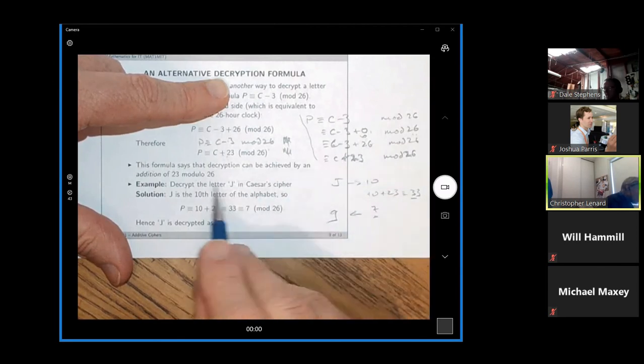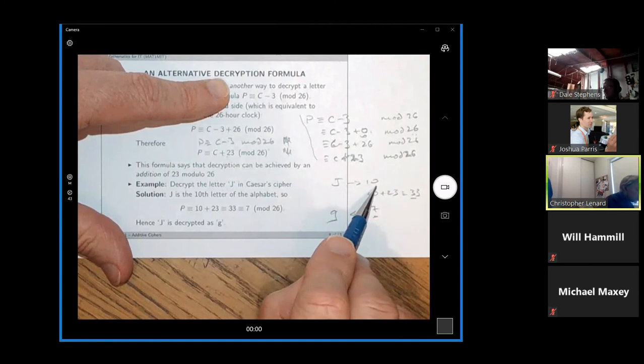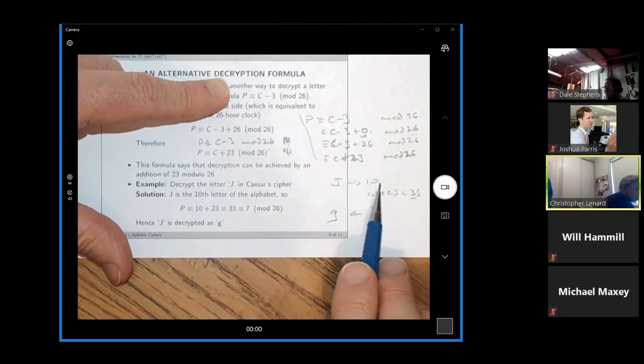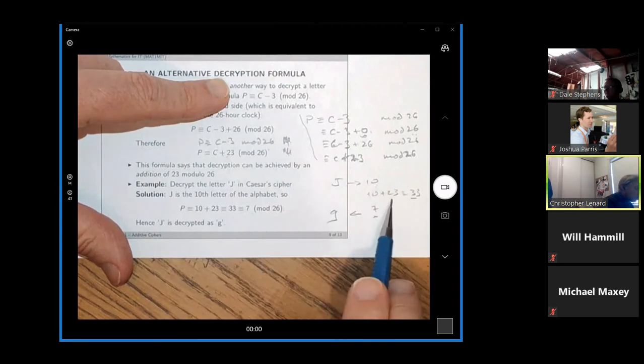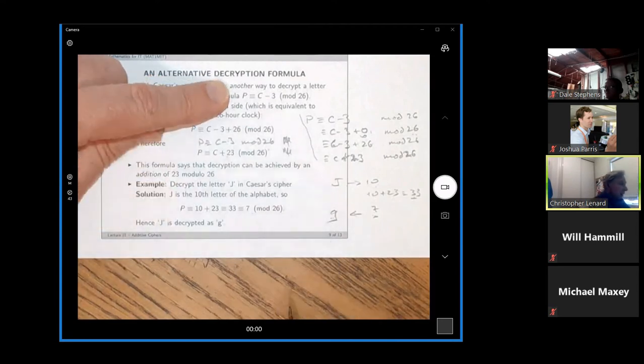Remember, we're decrypting, so the ciphertext is capital. It's the 10th letter. If I subtract 3, I get 7 automatically. But if I add 23, I get 33. The 33 is the same as 7. And so I can translate that back to lowercase g for the plain text character.